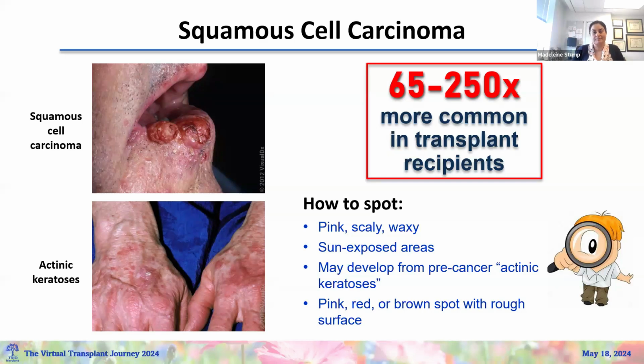How do you spot it? A lot of the times, the squamous cell carcinoma will develop from a precancerous lesion called actinic keratosis. When you come into the office and you have these red, pink, or brown spots, shown here in the bottom picture, with a rough, gritty scale that just doesn't heal, those are actinic keratoses. These are the signs of skin damage.